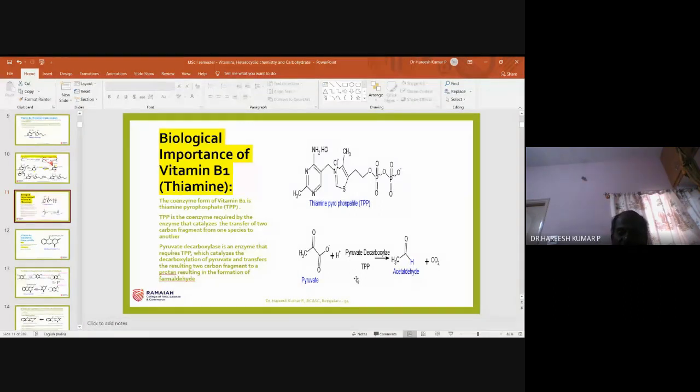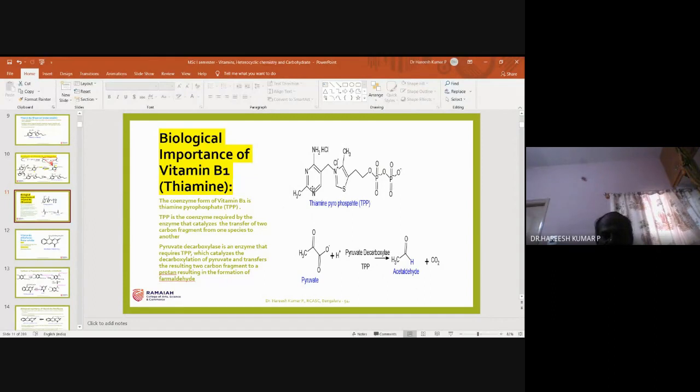Mechanism is not required for you, but for the seniors, mechanism is required. So how do you convert pyruvate into acetaldehyde? For that question also, this is the answer. Several times they have asked about the biological importance of thiamine or vitamin B1.